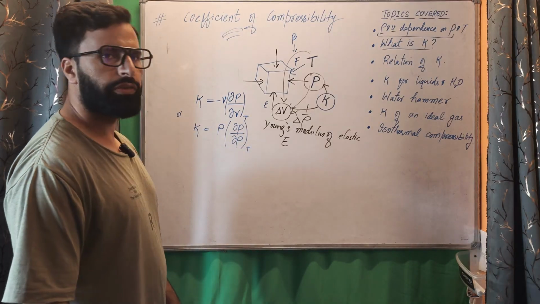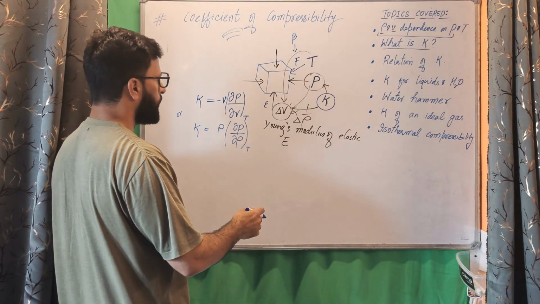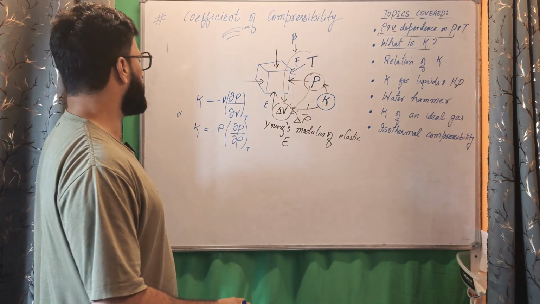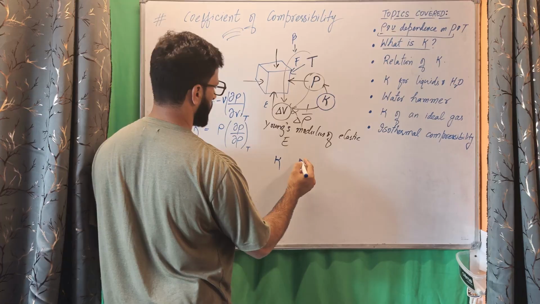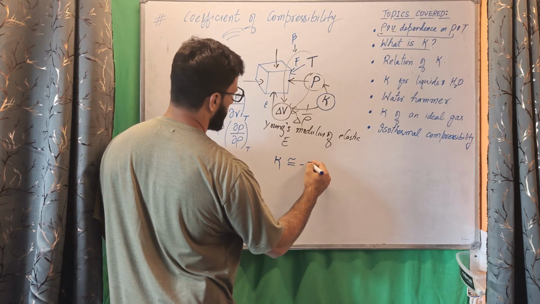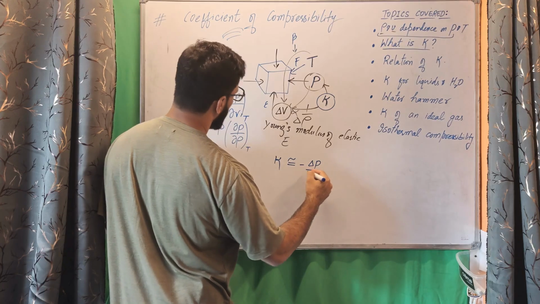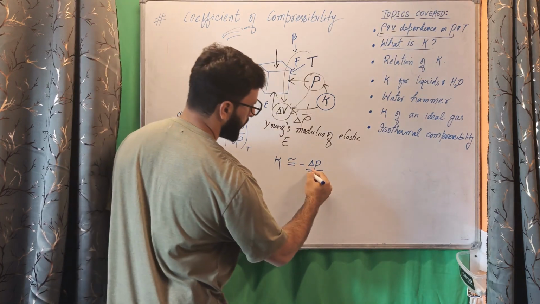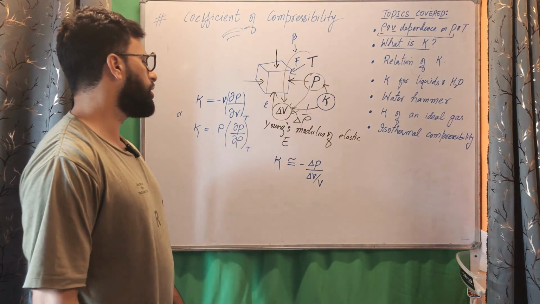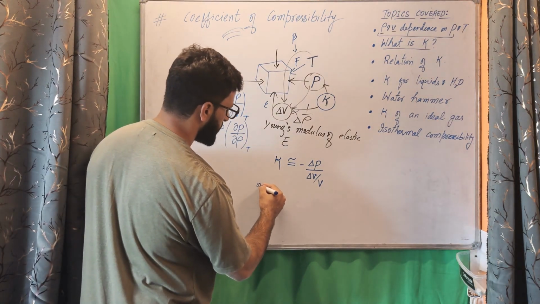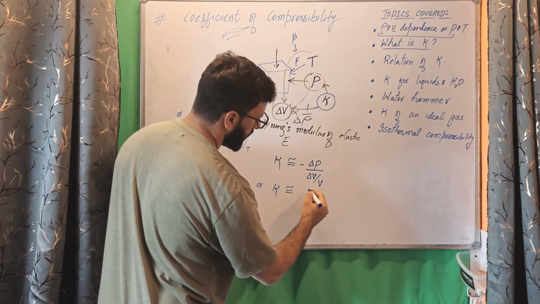Now these are the exact differential relations. For numerical purposes, we use the approximate relations. Those approximate relations are kappa is approximately equal to minus delta P, finite change in pressure, divided by delta V by V, the relative change in volume, or in terms of density, the coefficient of compressibility is approximately given in finite change.